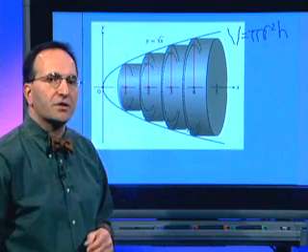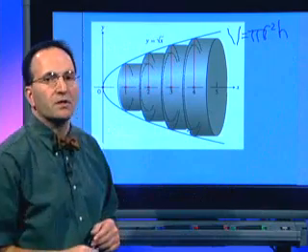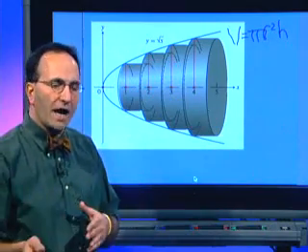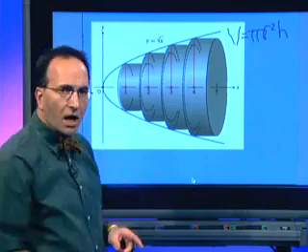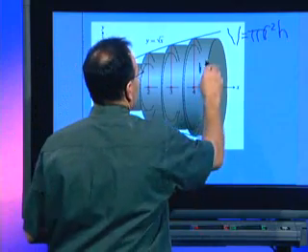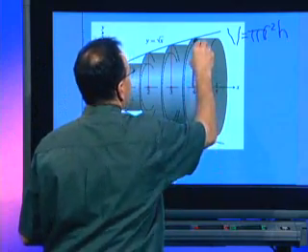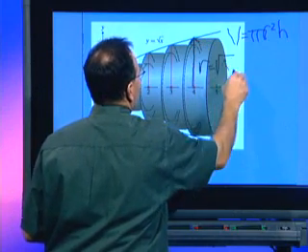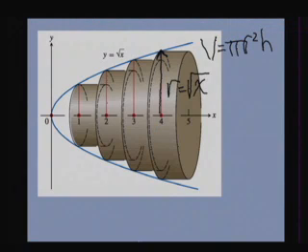H in this particular case we said was going to be a fixed unit of 1. So really the volume is just pi r squared. And r in this case, the radius, is going to be equal to the square root of x, because that's what the function is.